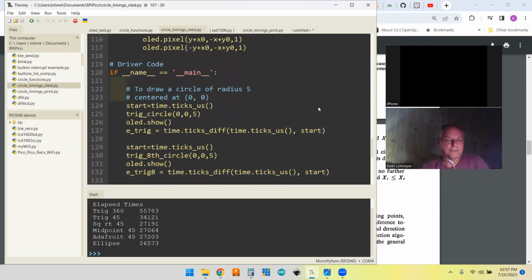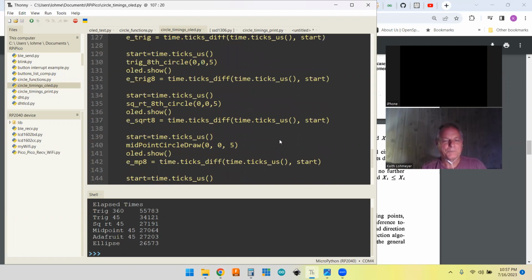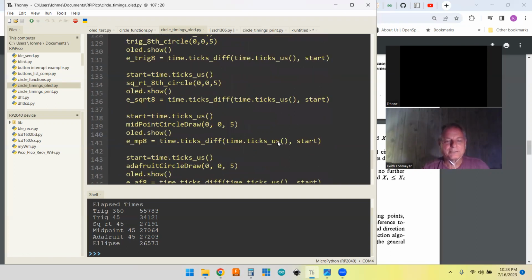So anyhow, let's get down to what I wanted to do with this. I found all these things. I wanted to say, well, which one's fastest? You can probably see I haven't updated this, so it's already there. You can probably guess which one's fastest.